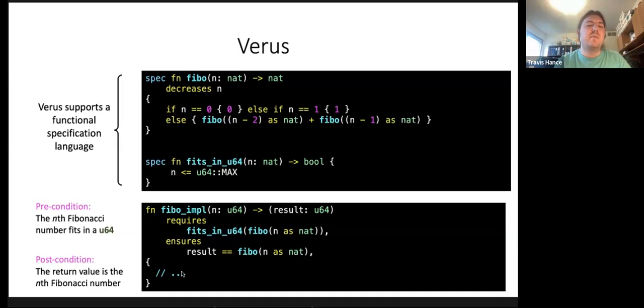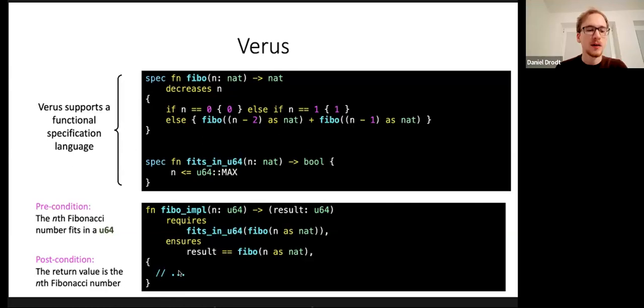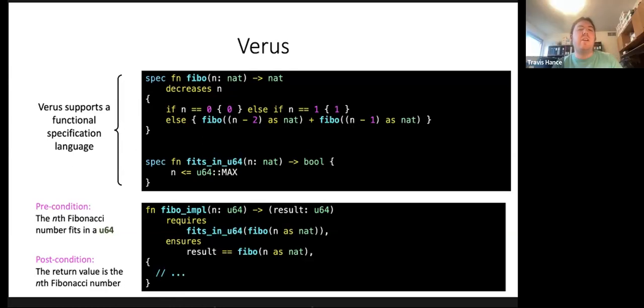Obviously, I elided the code to make it fit in the slide, but you'd actually have the actual Rust code written here, possibly interspersed with more annotations to help the proof. So actually, the hard thing is deleting all of the extra annotations to get normal Rust code that doesn't have any of the junk and can be compiled. So we have a way of deleting it all. It's a fairly baroque, gnarly process.